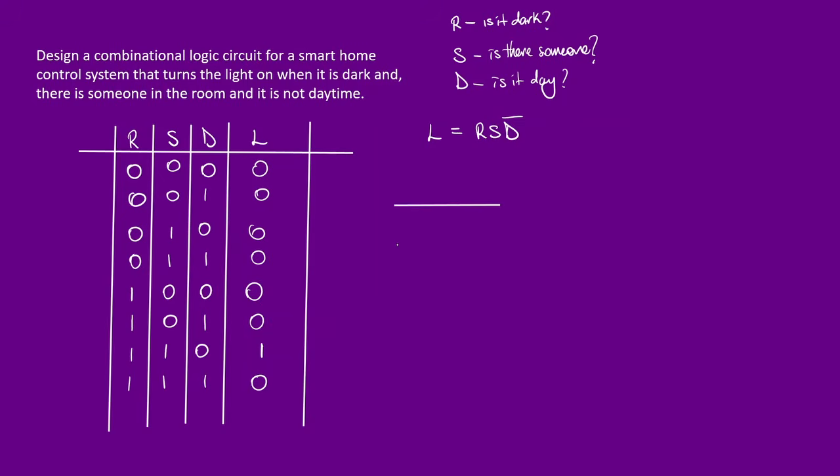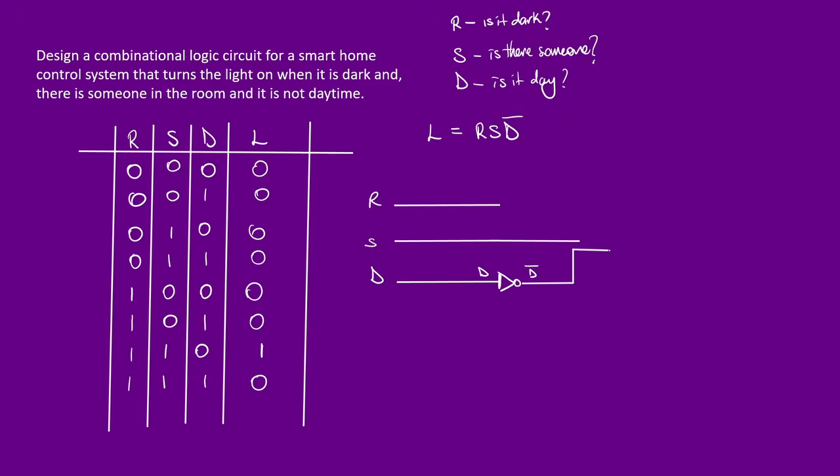Let this be R. Let this be S. And let this be D. Okay? R, S, D. We're going to have to negate this, so keep that in mind. And our bubble in front. Okay? So D comes in, not D comes out. Then all of this is going to enter our AND gate.